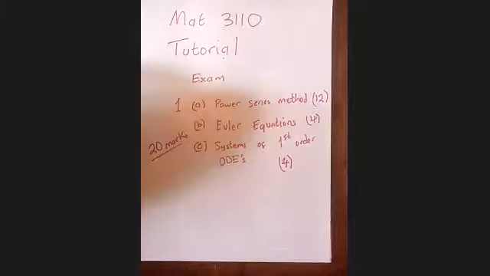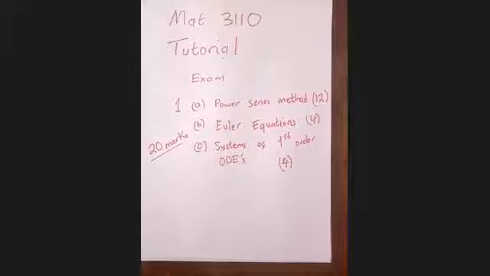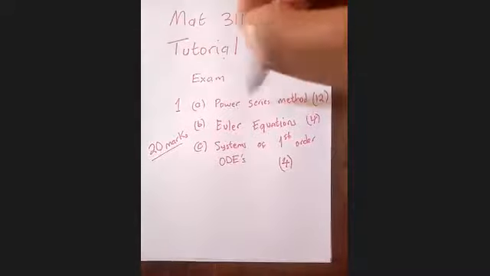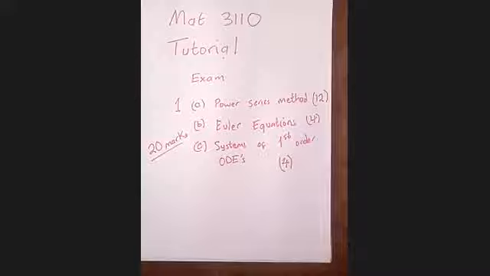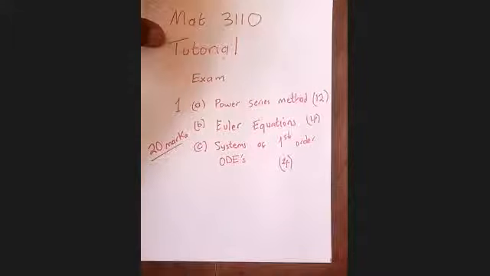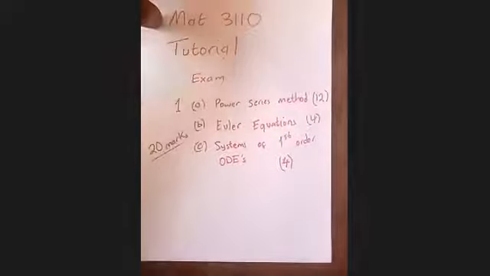Sometimes they can change, but I'm just giving you an idea. So it's important that you're comfortable with the power series method, because it's involving and hence carries a good number of marks. So I'll pick out 2 questions from the tutorial sheet and see if we can solve those together.